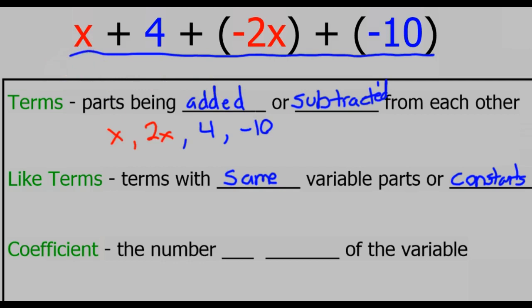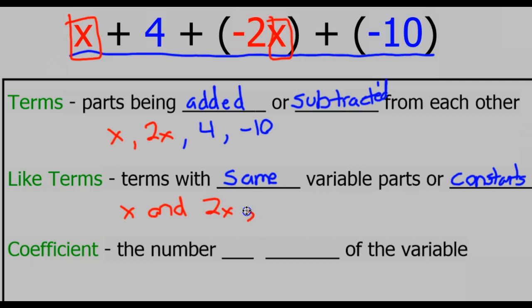A variable is a letter, so we're looking for the same one. So we have an x and we have a 2x. They both have x. So x and 2x are like terms.